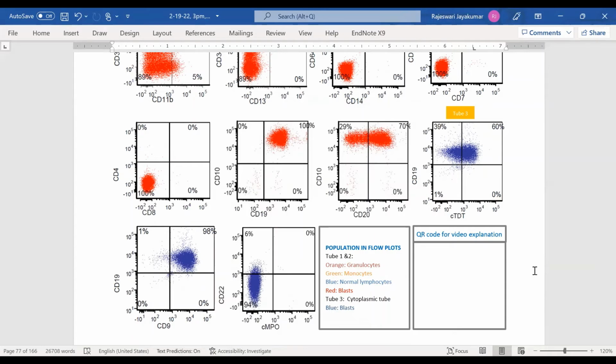And we have inotuzumab, which is against the CD22 antigen. So nowadays, even if you do not do CD22, the clinician will call you and ask for the CD22 expression. So please add CD22 upfront when you see a B-ALL and report that in your report, along with the percentage of CD22 positivity.